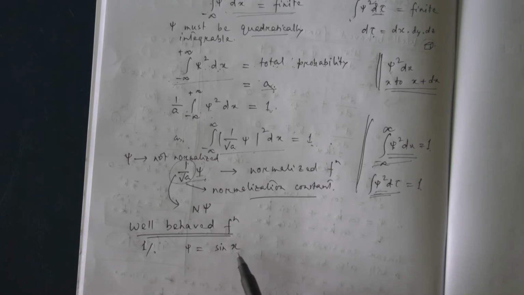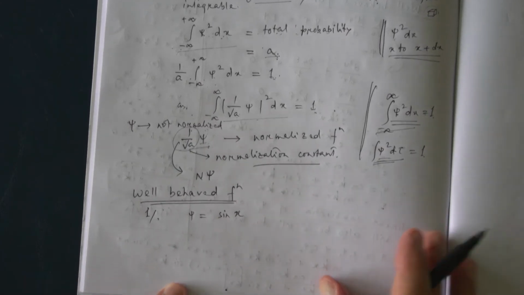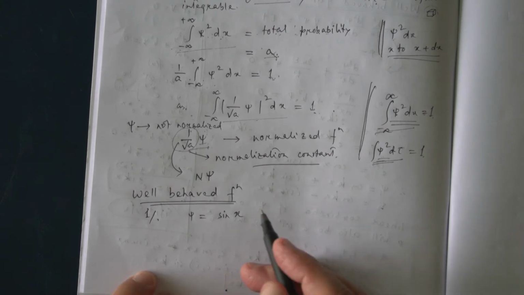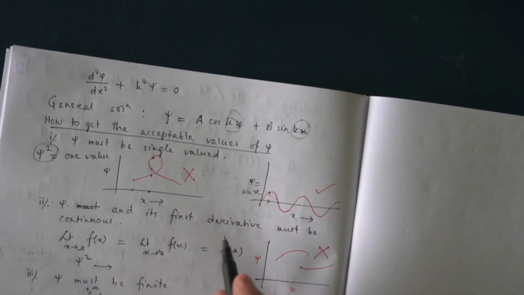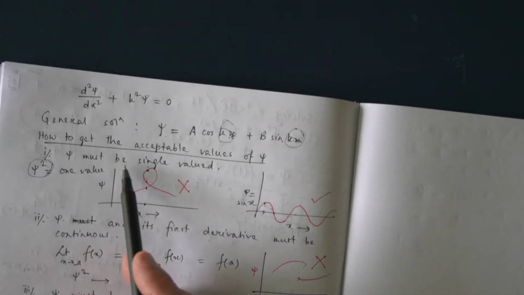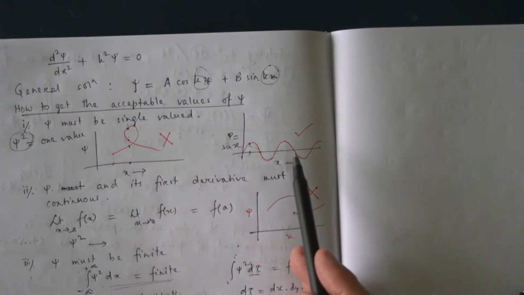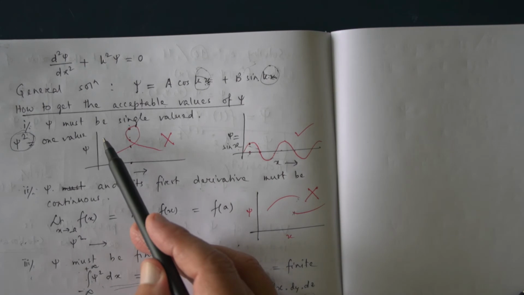Whether this is well-behaved or not. First, we have to see whether it is single valued or not. We have already seen it is single valued. Psi equal to sin x is single valued. So the first condition is satisfied.